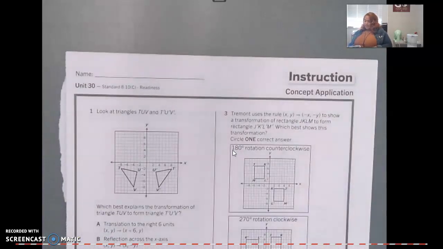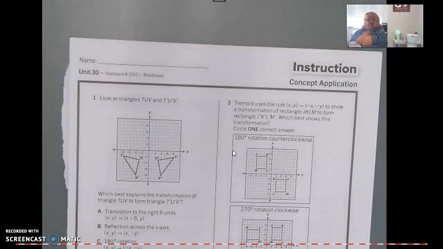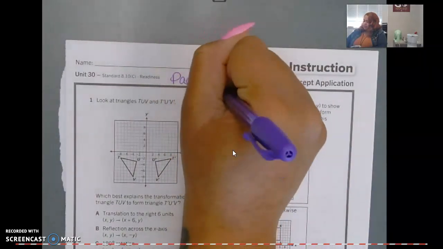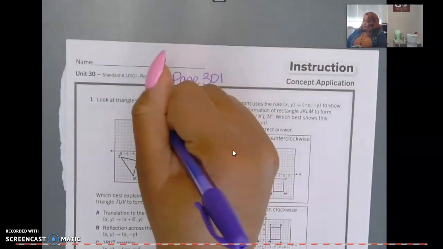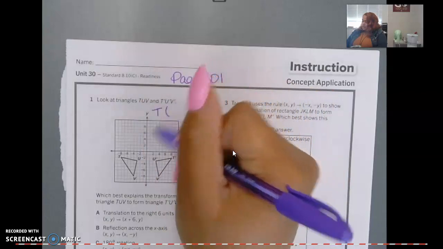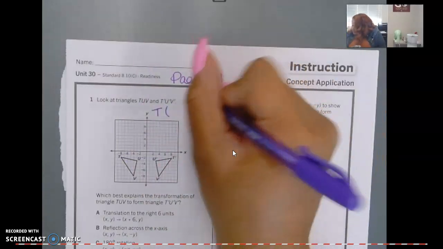It says they want us to look at triangles TUV and T prime, U prime, V prime. This is page 301, and you really only need one point from each. I'll take point T: you run -8 and you jump down -2.